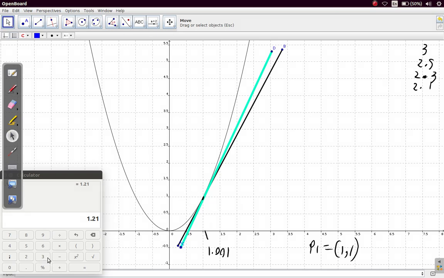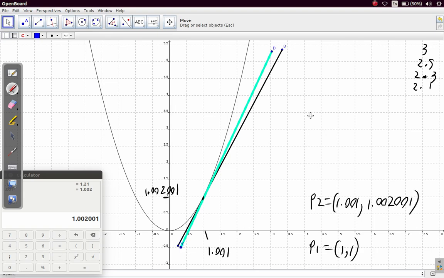When x is 1.001, y is 1.001 squared, which equals 1.002001. Let's write that down. So we're at 1.001, 1.002001. Let's see what the gradient is.